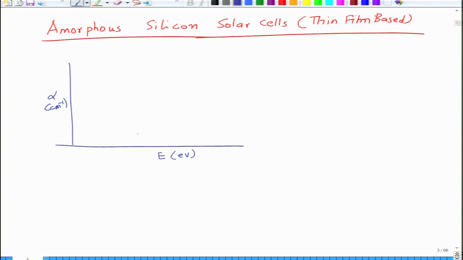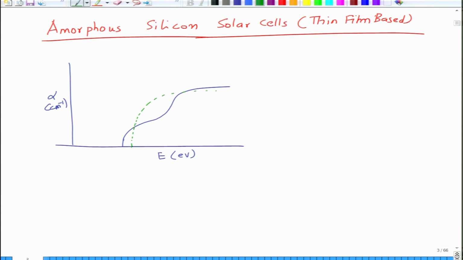Crystalline silicon has a band gap of something like that, and this is its coefficient. The amorphous silicon has a coefficient which is significantly higher.